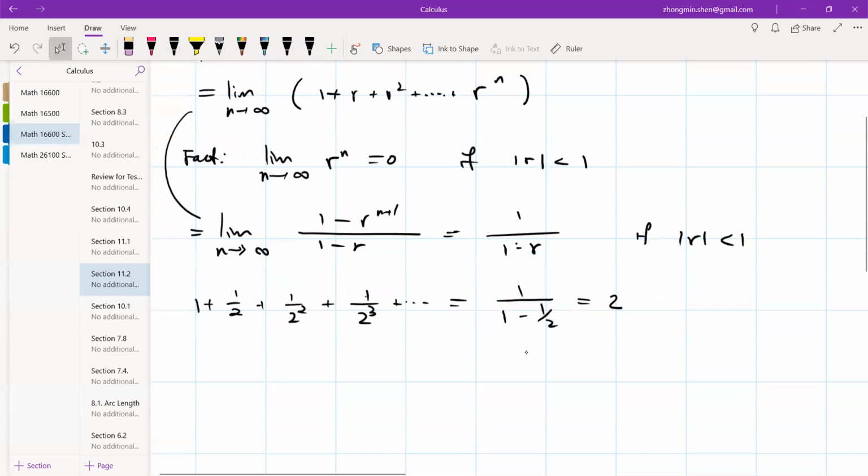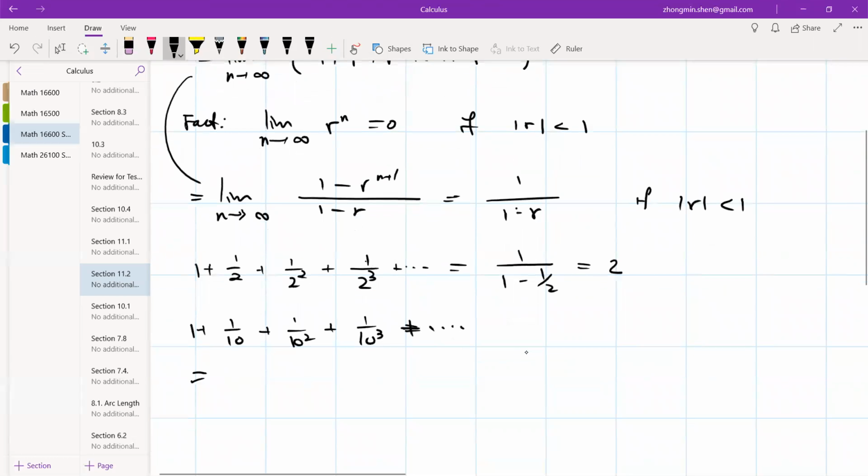We also have 1 plus 1 over 10, 1 over 10 squared, 1 over 10 cubed. Now, infinite terms, this really means 1 plus 0.1 plus 0.01 plus 0.001, sorry, I'm missing a term.